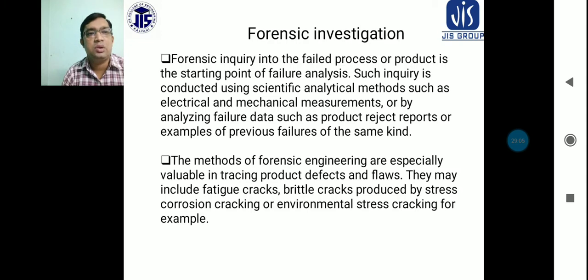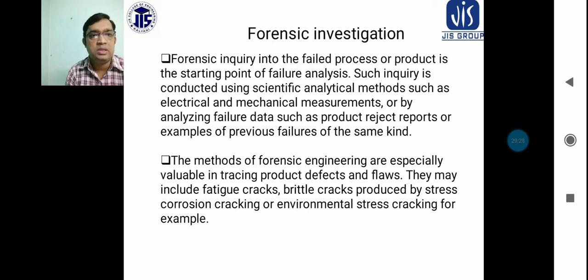Forensic investigation into the failed process or product is the starting point of failure analysis. Such inquiry is conducted using scientific analytical methods such as electrical and mechanical measurements, or by analyzing failure data such as product reject reports or examples of previous failures of the same kind.